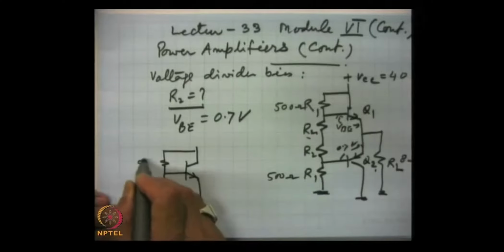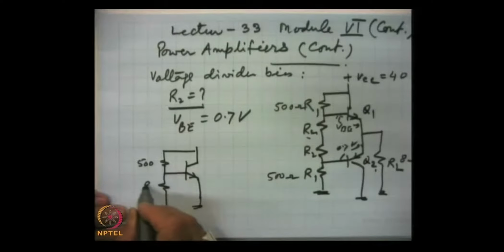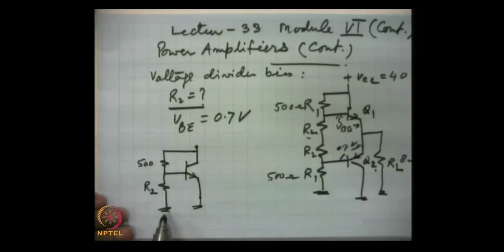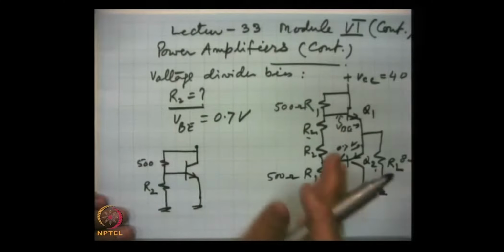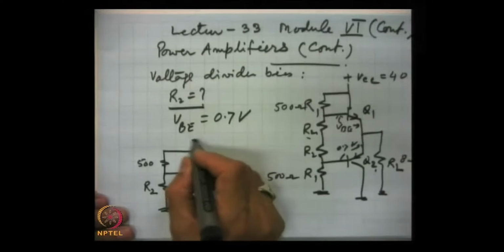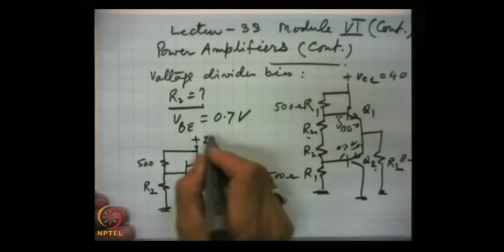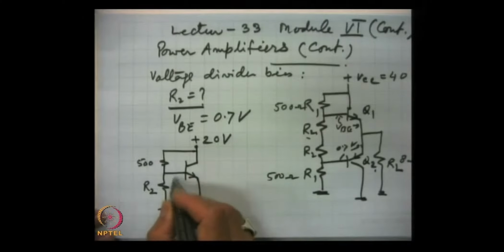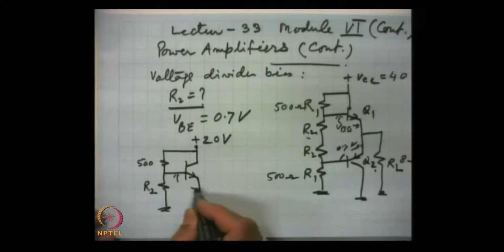This is 500 ohms, this is R2, and because I am taking half a circuit, from 40 volts it will be half of that, 20 volts. So, we have to find the value so that this voltage is 0.7 volts.